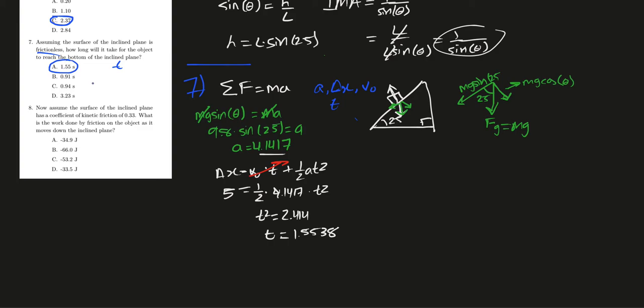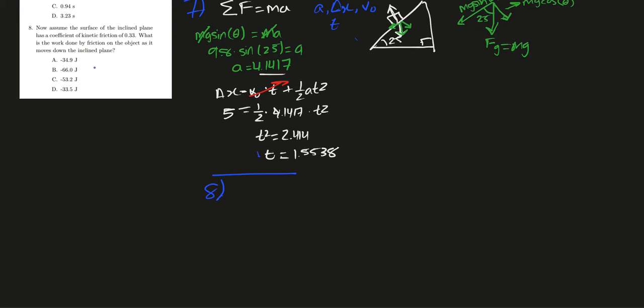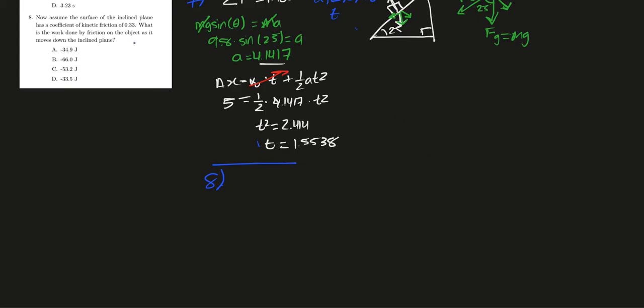Okay, let's now move on to the last question, which is question 8. The question reads, now assume that the surface of the inclined plane has a coefficient of kinetic friction of 0.33. What is the work done by friction on the object as it moves down the inclined plane? So we have the coefficient of friction as 0.33, and we're asking for the work done.